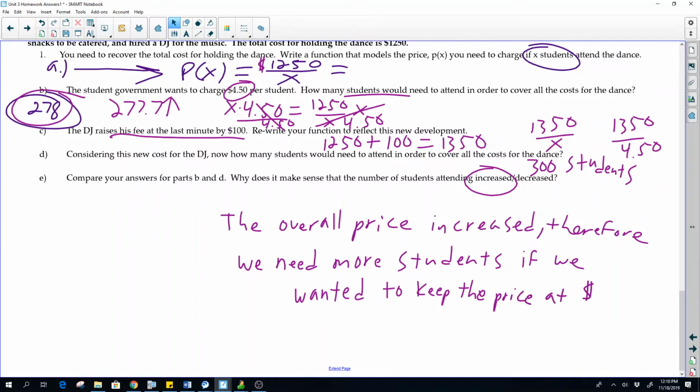Yeah. So if we want to keep the price at 450, we got to just increase our students.